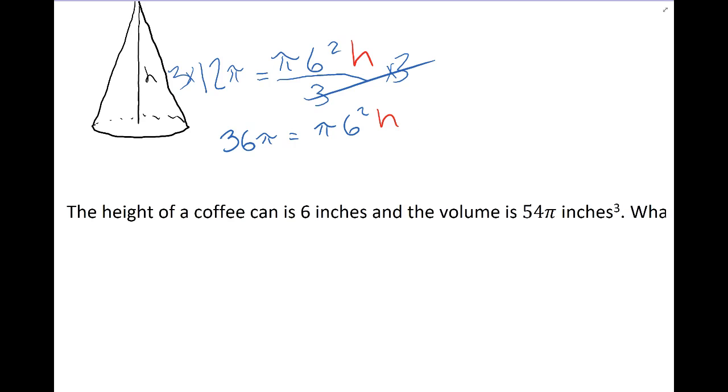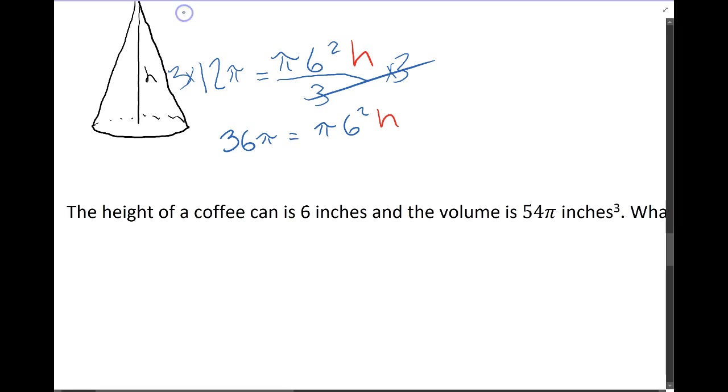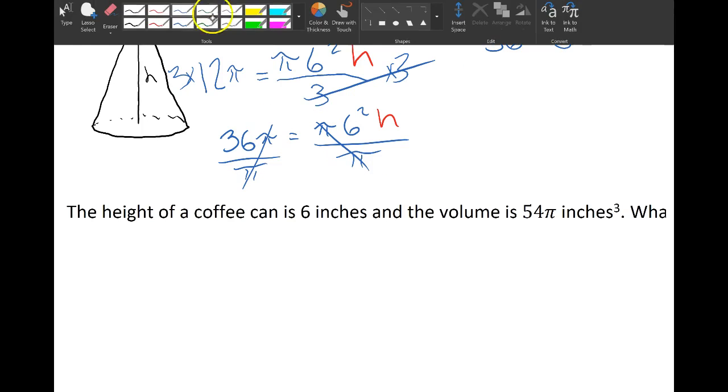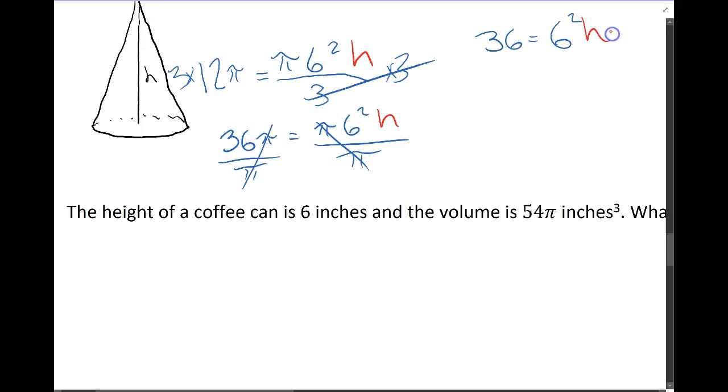Well, hopefully now you see that we're going to do the exact same thing we did before, where we're just going to divide by pi. And now we have 36 equals 6 squared times h.